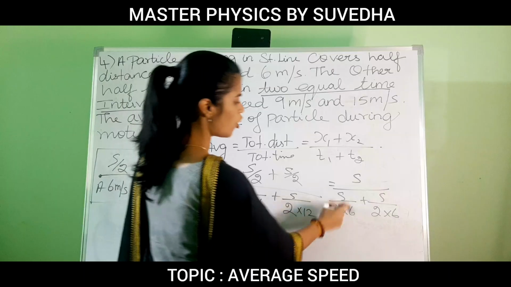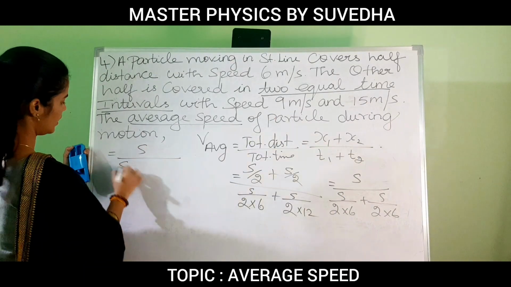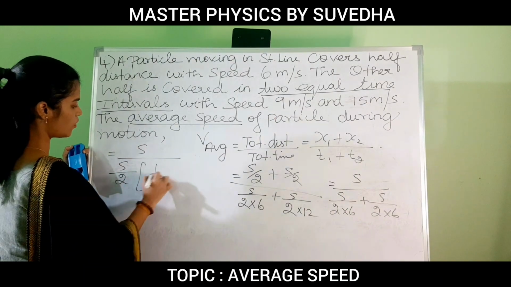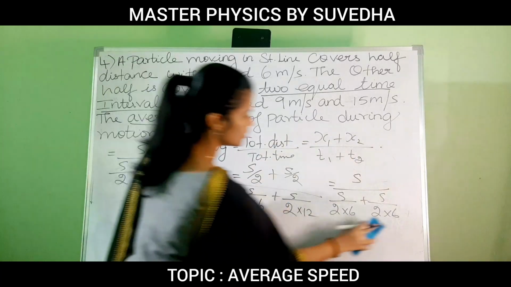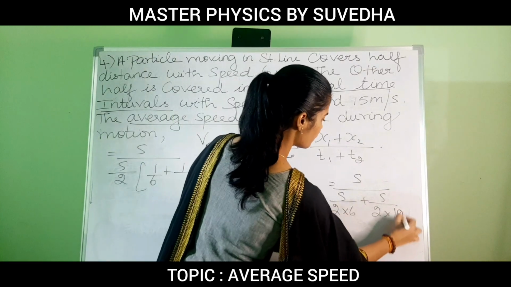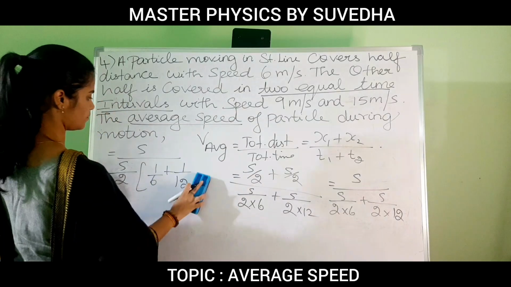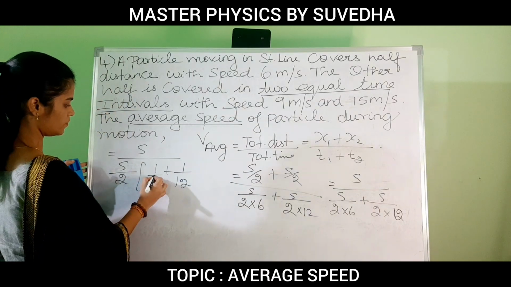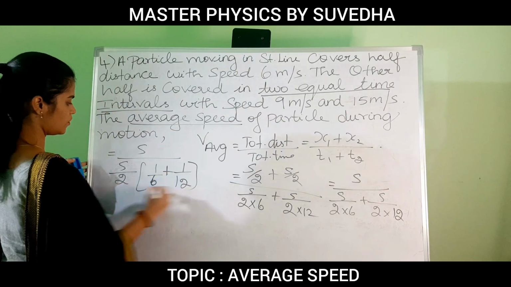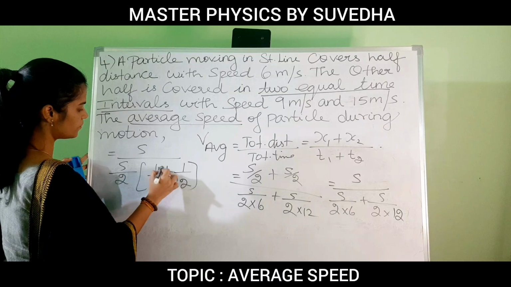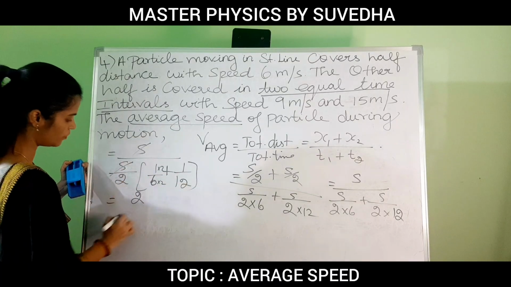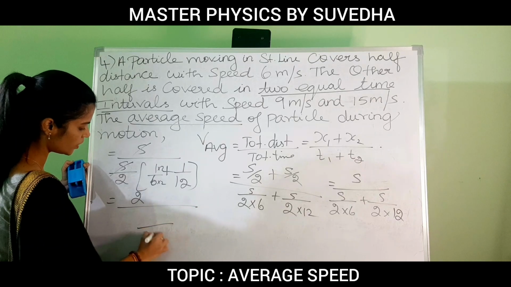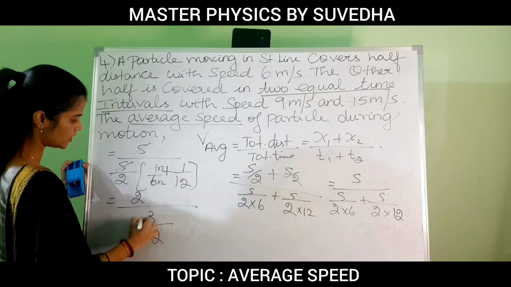Now S by 2 is common, so take it common: 1 by 6 plus 1 by 12. Now just multiply by 2 here. So S gets cancelled, and this 2 comes in the numerator. So finally 12, and 2 plus 1 is 3.